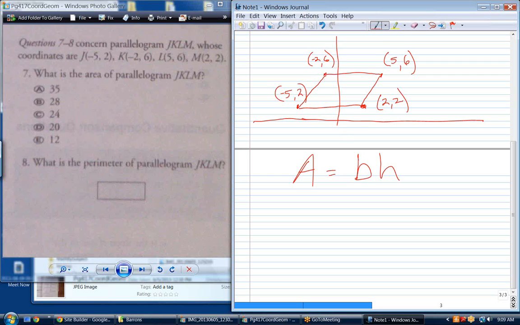So the area of a parallelogram is the same as the area of a rectangle. The difference is the height that we're talking about is the vertical height, not the slant height, which for this problem makes the problem easier. So what is the area of this parallelogram?